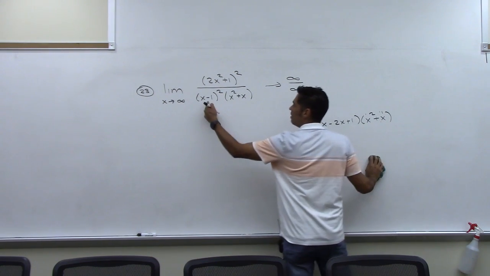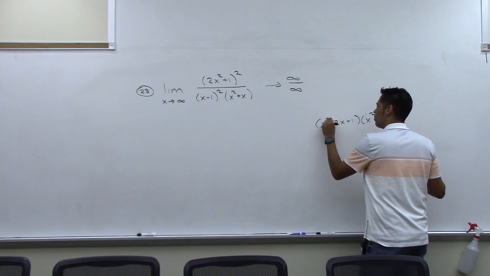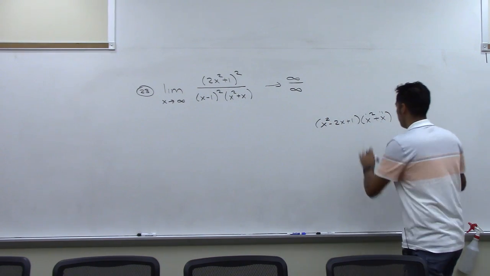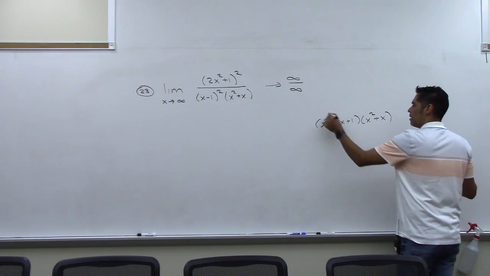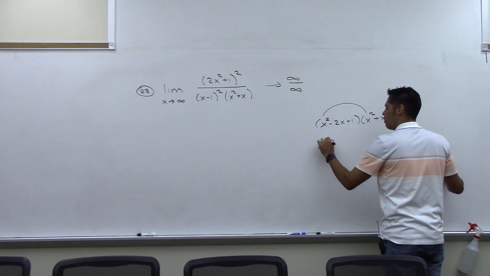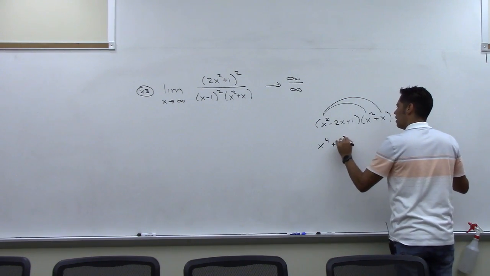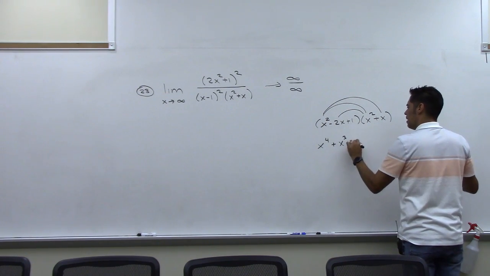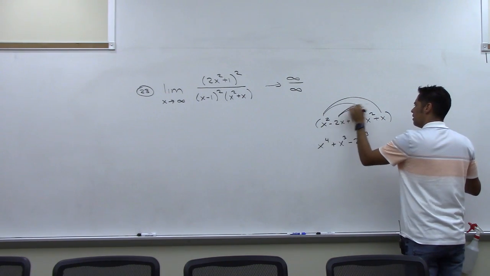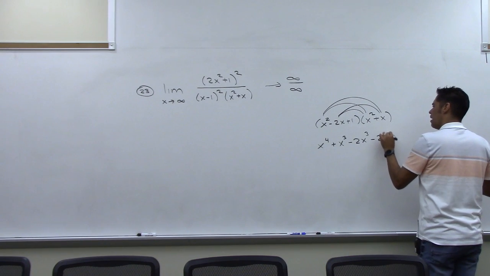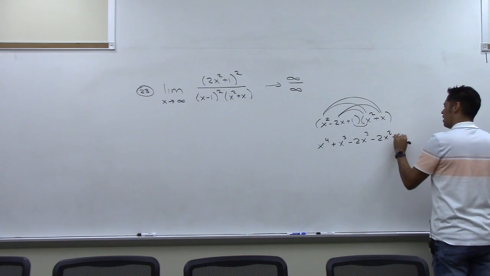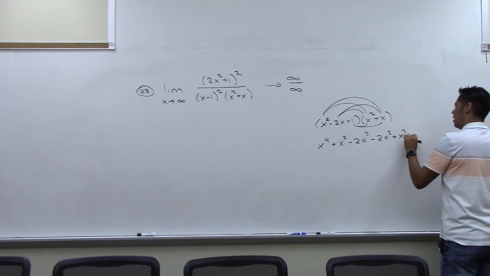When I multiplied this out, I should have had x squared minus 2x plus 1. Okay, that's better. Now here times here, x to the fourth, here times here, plus x cubed, here times here, minus 2x cubed, here times here, minus 2x squared, here times here, plus x squared, here times here, plus x.